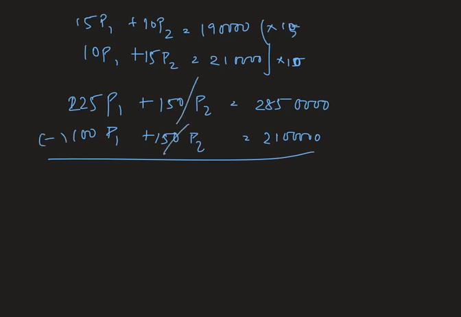After subtracting these two equations, we get 25P1 is equal to 750,000, and the value of P1 will be 30,000.